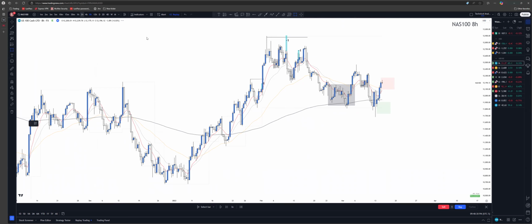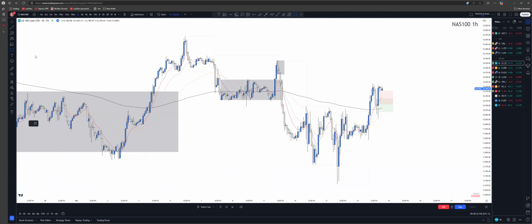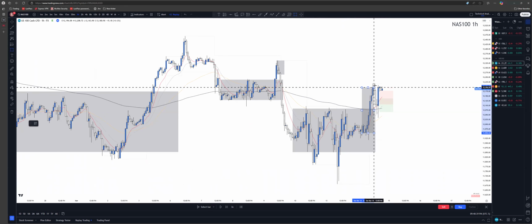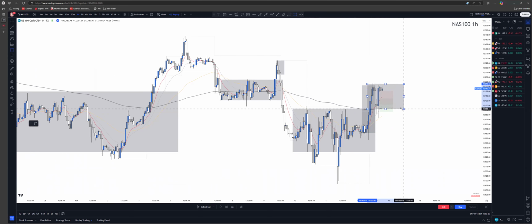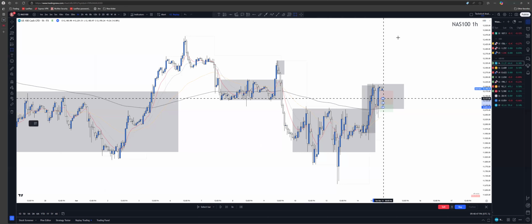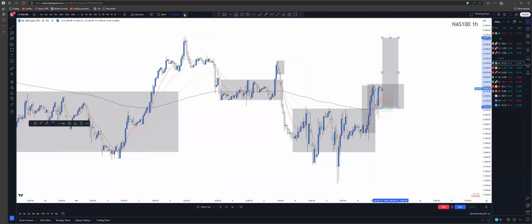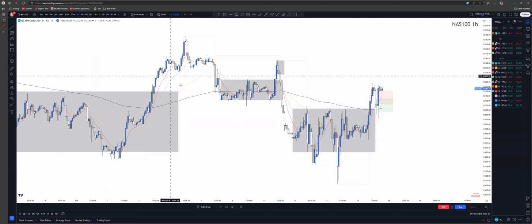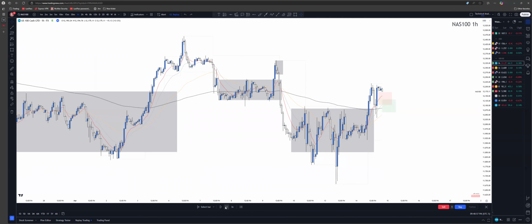So on a lower time frame, we can look for that again, accumulation phase into stage two, into stage one, into hopefully stage two. So we can look for that buildup on the lower time frame.